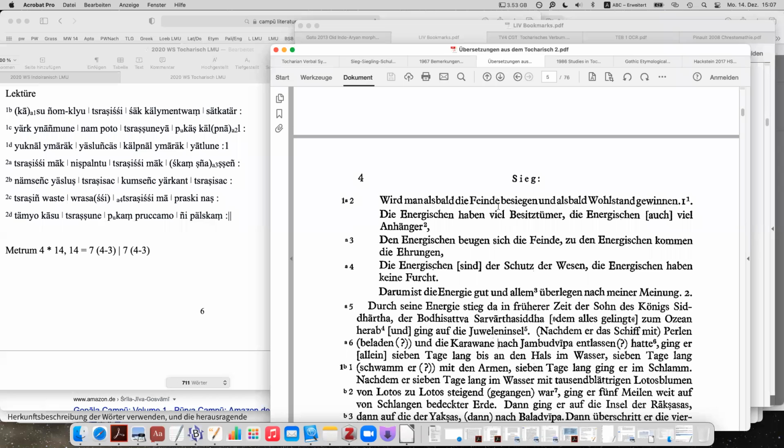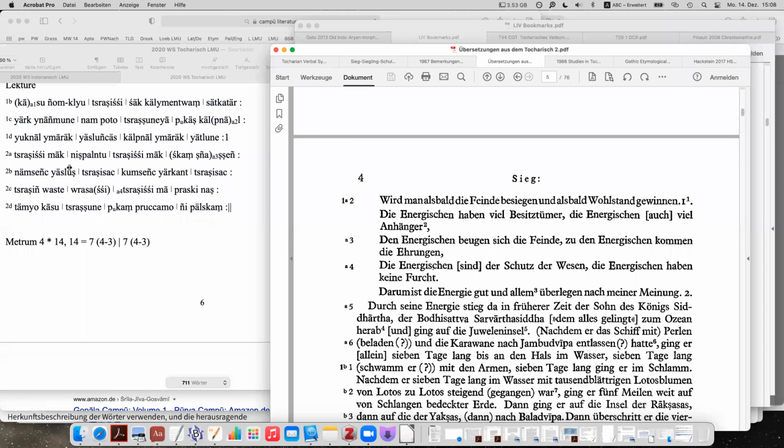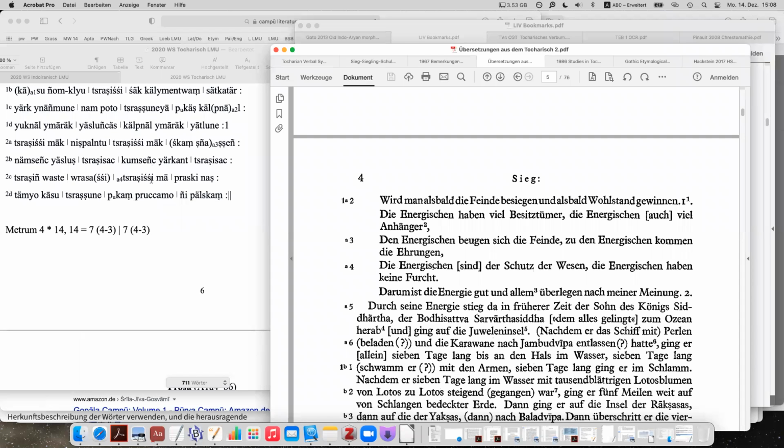Und wird man alsbald die Feinde besiegen und alsbald Wohlstand gewinnen. Und die Energische oder die Kräftigen haben 4 Besitztüren und so weiter. So I think we have finished the first verse, and then the second verse we also finished probably.